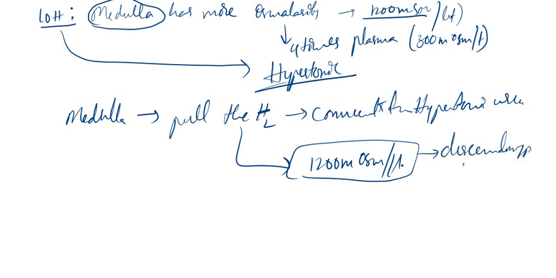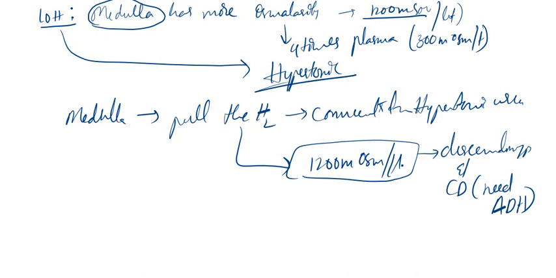And in which other part will you see this much osmolarity again? The collecting duct. Why in the collecting duct? That is why we need antidiuretic hormone, right? Why antidiuretic hormone?